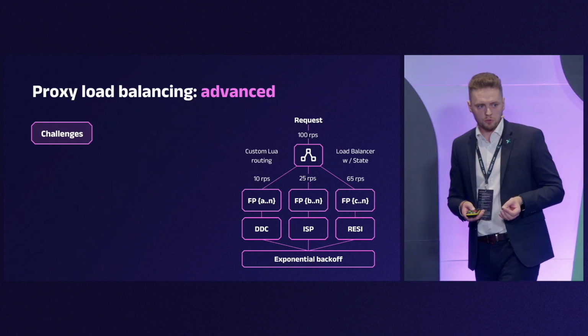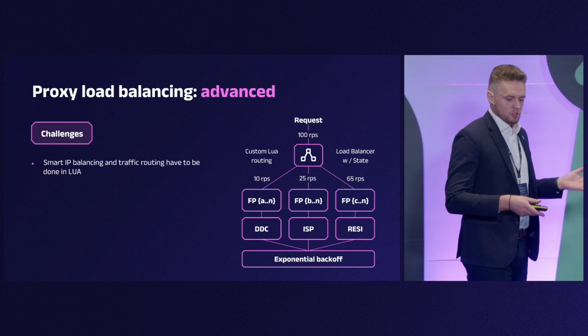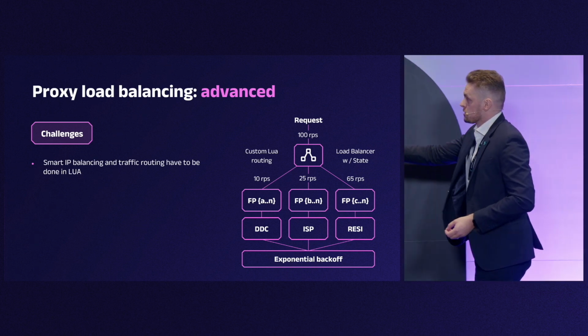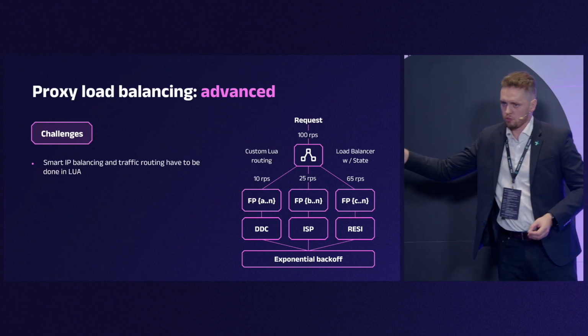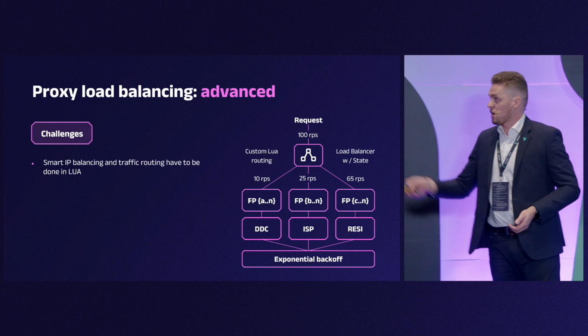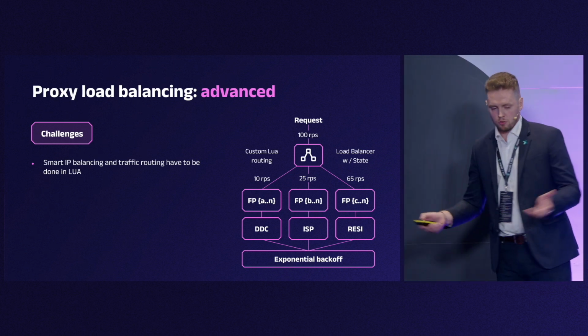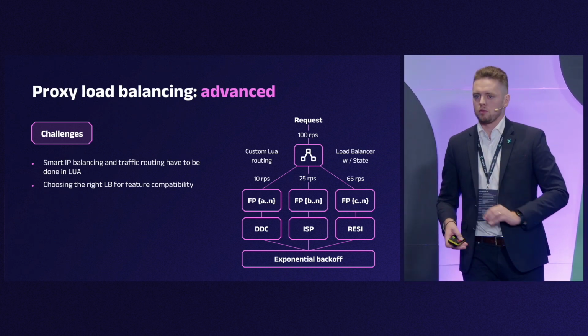So we want to be effective and undetectable, right? The challenge is actually smart balancing and traffic routing. For that, we need load balancers with state. We need to know how it works. And of course, if we're using software-defined load balancers, we can use the Lua programming language and do what we need. Choosing the right load balancer for feature compatibility is also important.